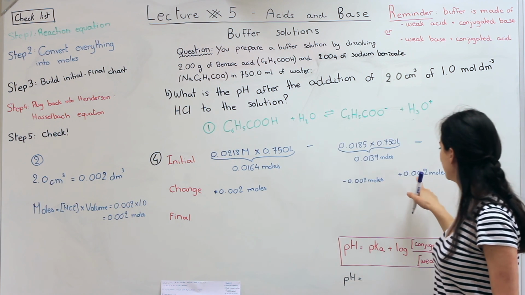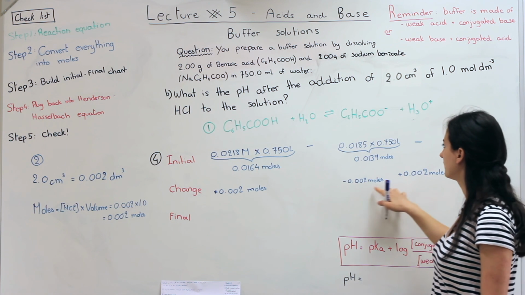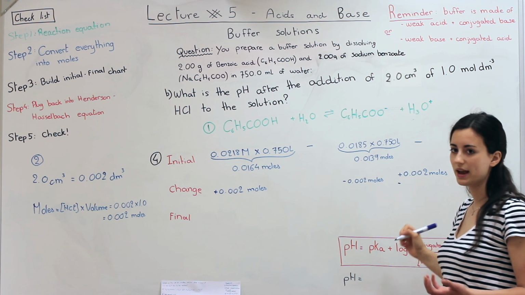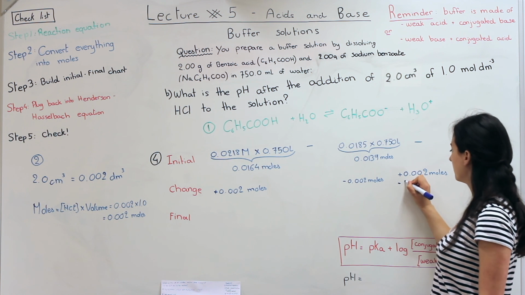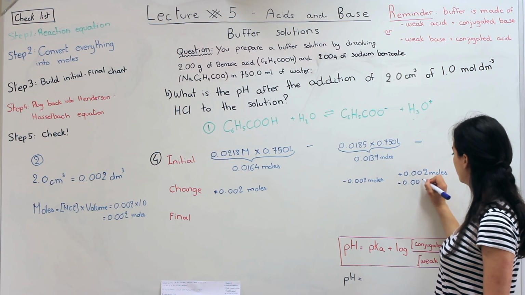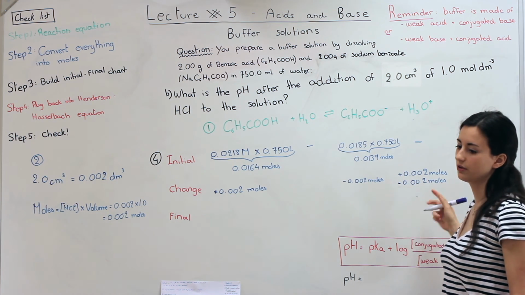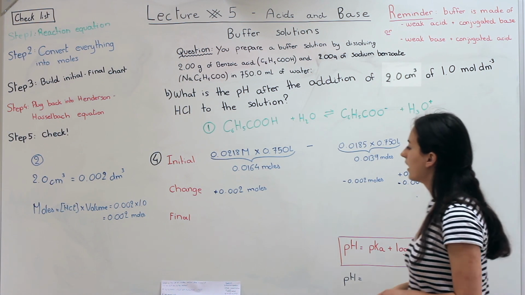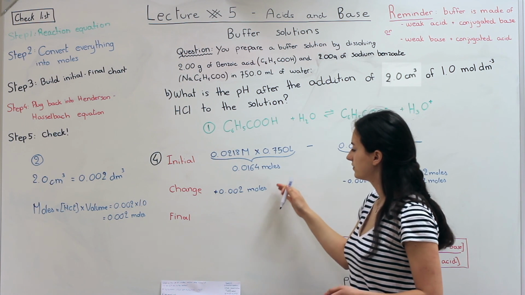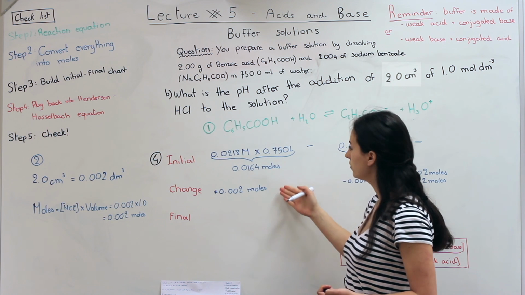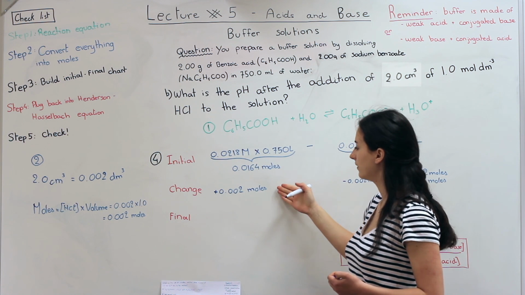Since this H3O+ has reacted with the base, we're going to cancel it out, so there won't be any of it left. So it's going to be minus 0.002, which actually comes out to 0, so it's perfect. Now the next step is to find the final number of moles, because we have the initial number of moles and we have the change.